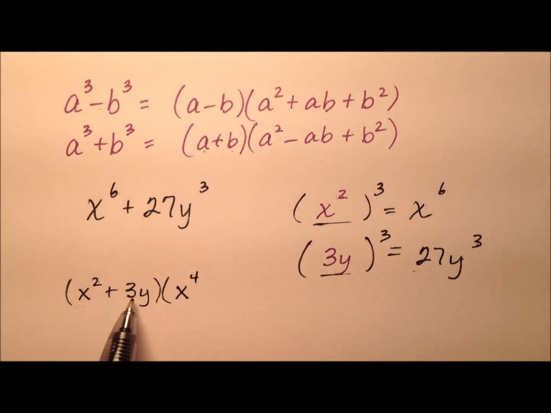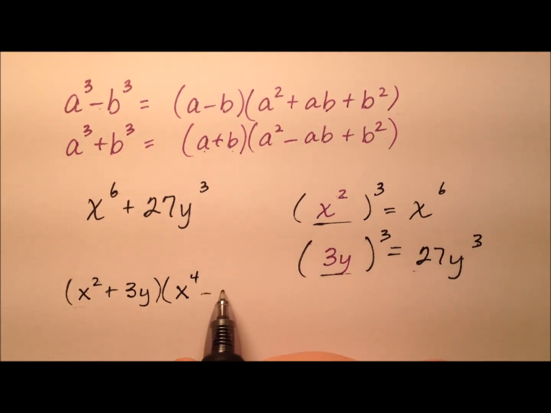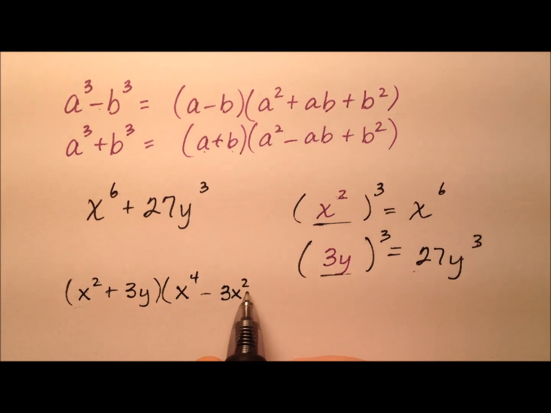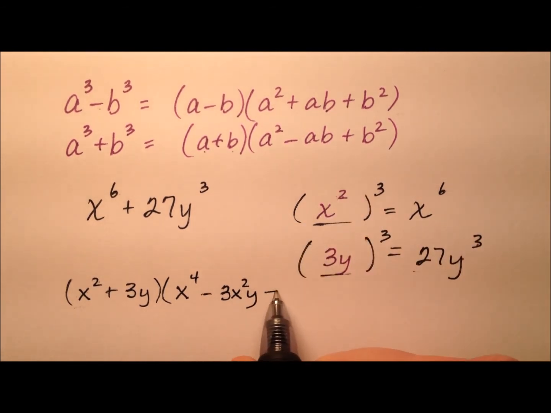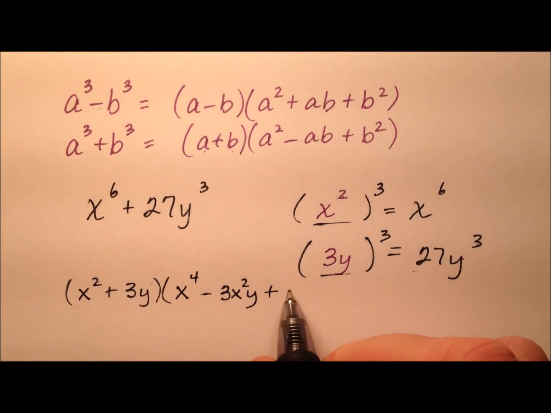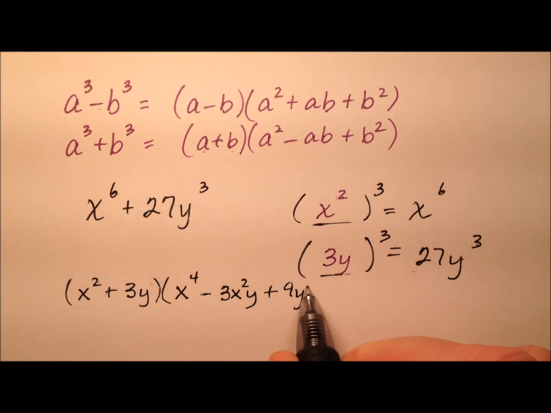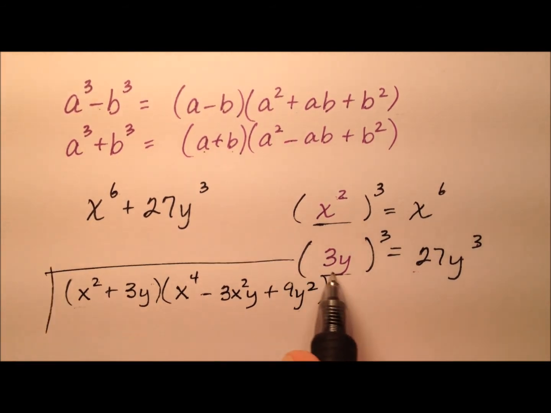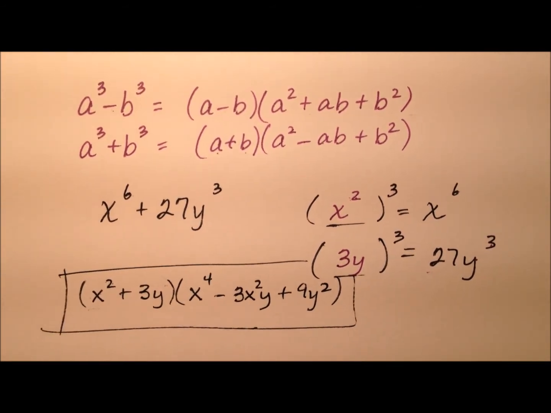So x squared times 3y, we'll just say it's going to be 3x squared y, and then plus b squared, which is the square of this second term. So 3 squared is 9, and y squared is y squared. Okay, so here then is the factorization using the sum of cubes formula.